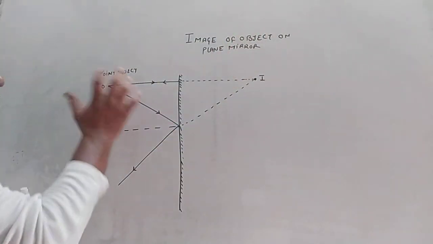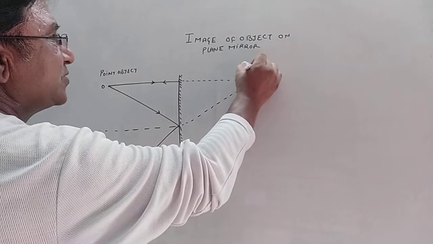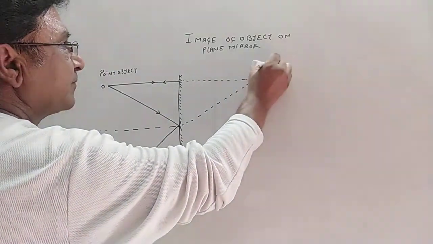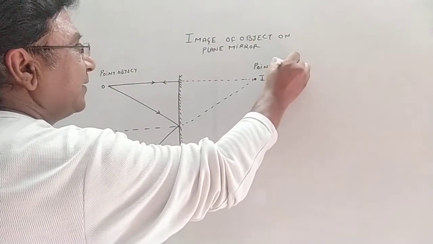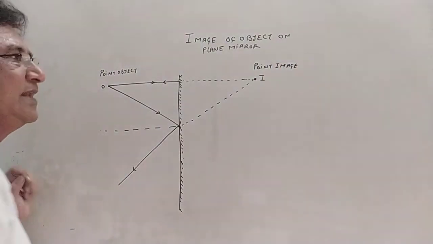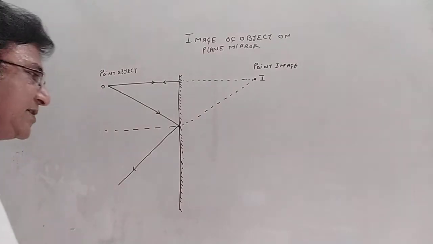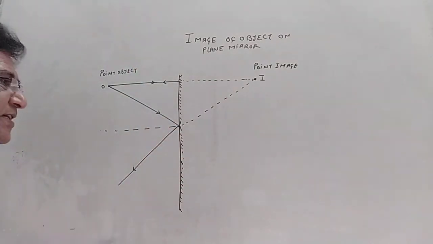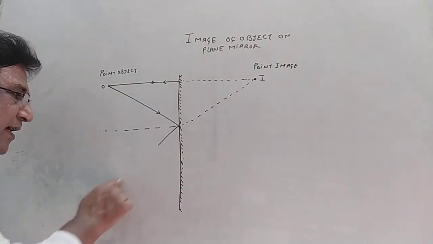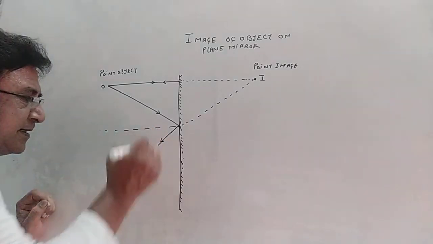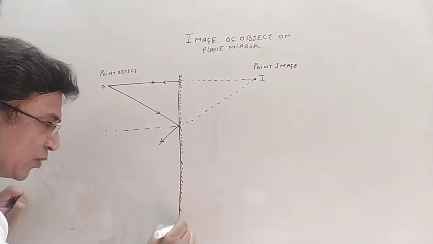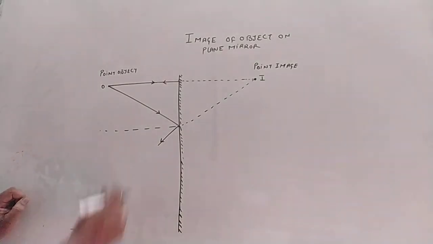So we have taken a point object, and we have produced a point image. But if a question comes, form an extended image of an extended object on the plane mirror, in that case we will not change the diagram. Let's utilize the same process once again on the mirror.